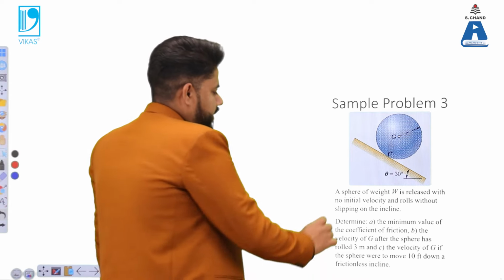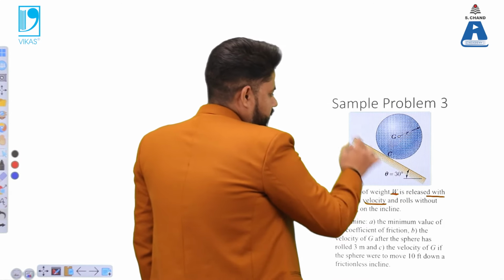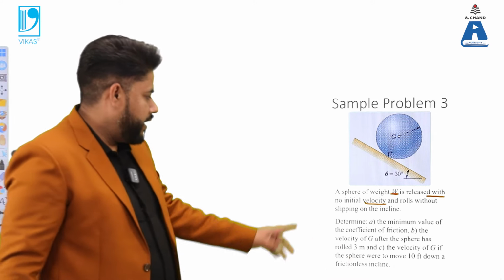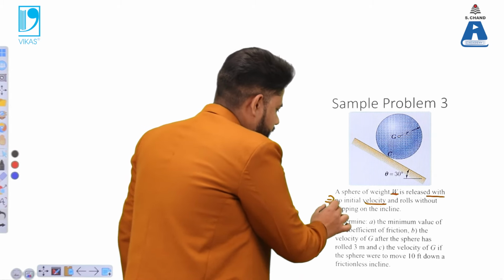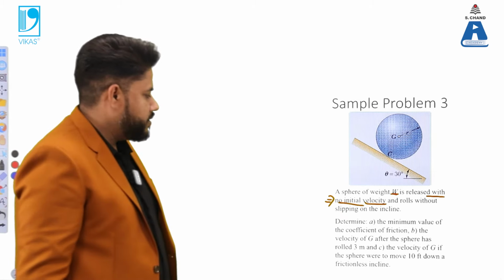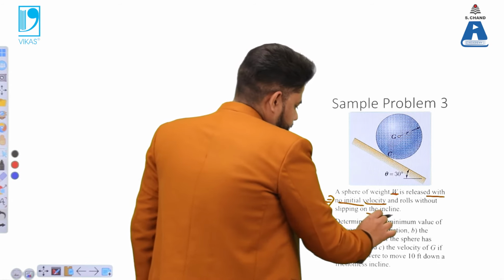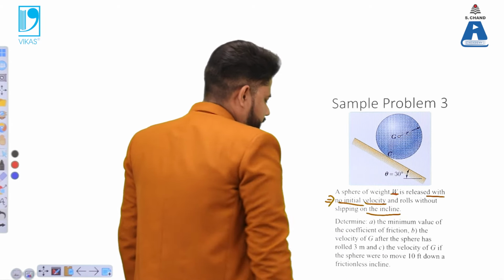So you can see that there is a sphere of weight W. It is released from a particular point with a particular velocity, and you can see that it is written that it has no initial velocity. So initial velocity is 0, and it rolls in the downward direction on a surface with an inclination of 30 degrees.